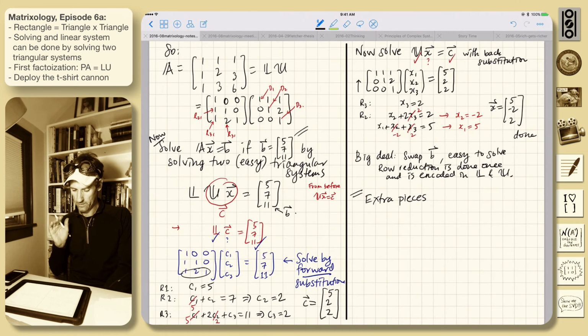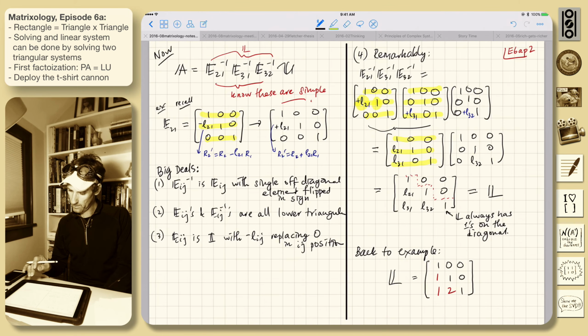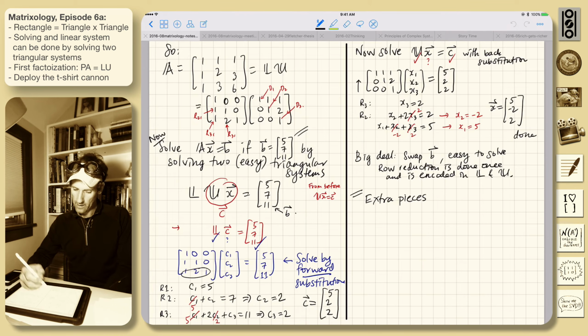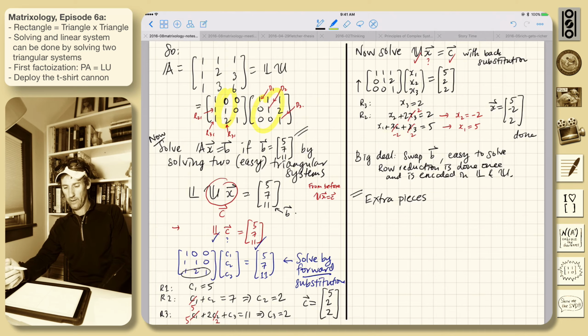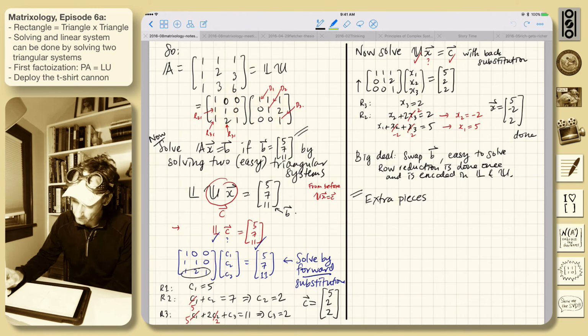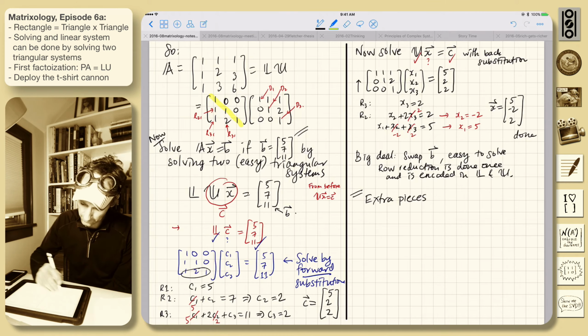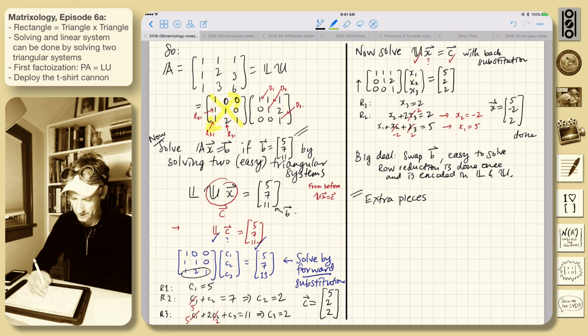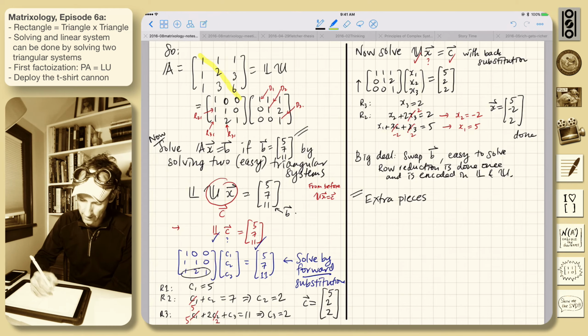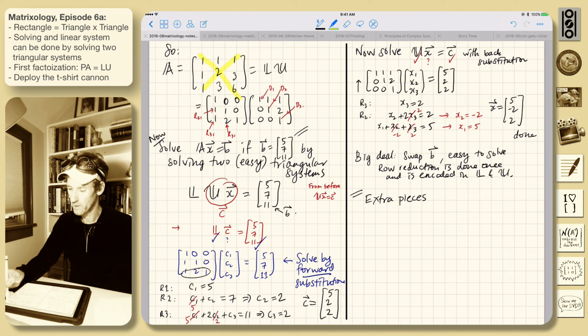So let's just make an observation that I think I should have noted back here. Let's look at L and U here. They are what we'll call transposes of each other, right? So if you take L and flip it across its diagonal like this, then it's a mirror image of U. And if we go back to A and look at A, it's a mirror image of itself as well.